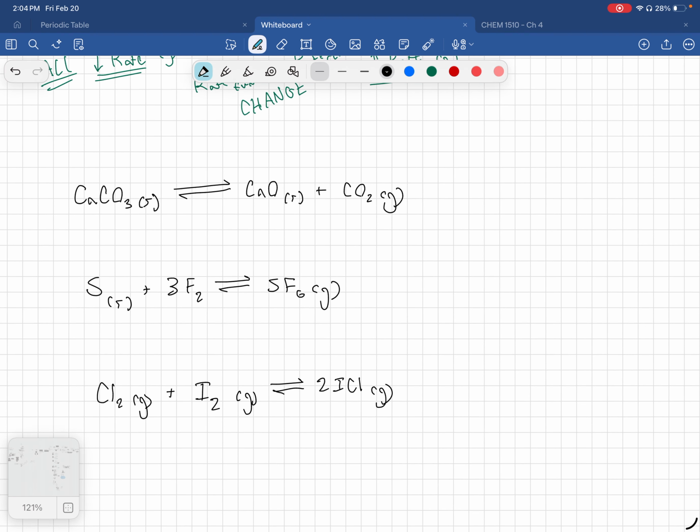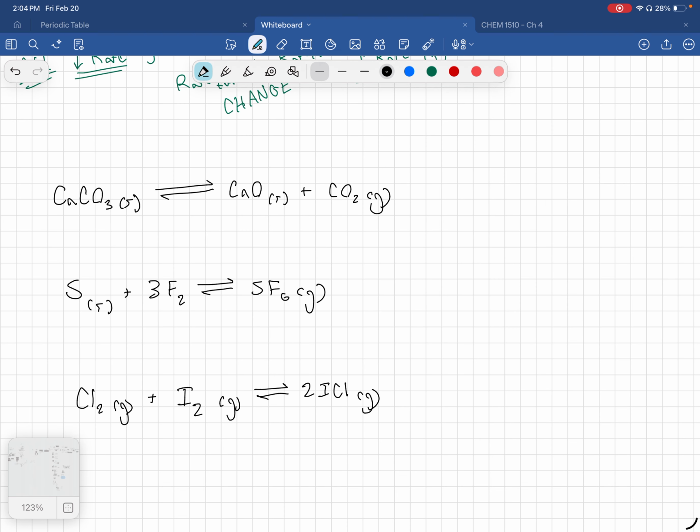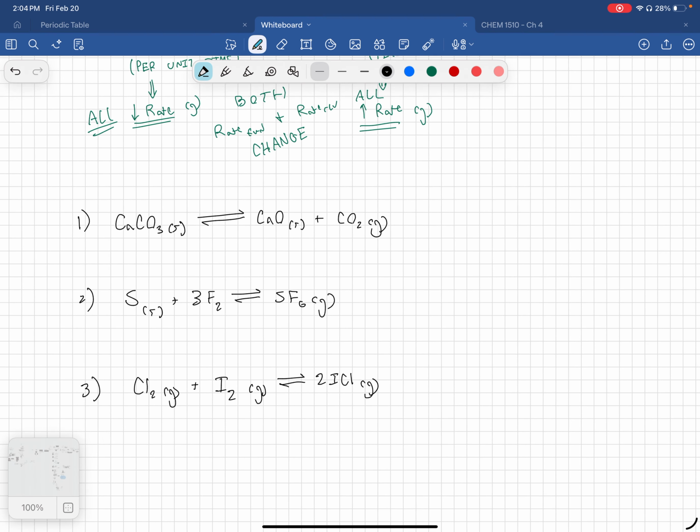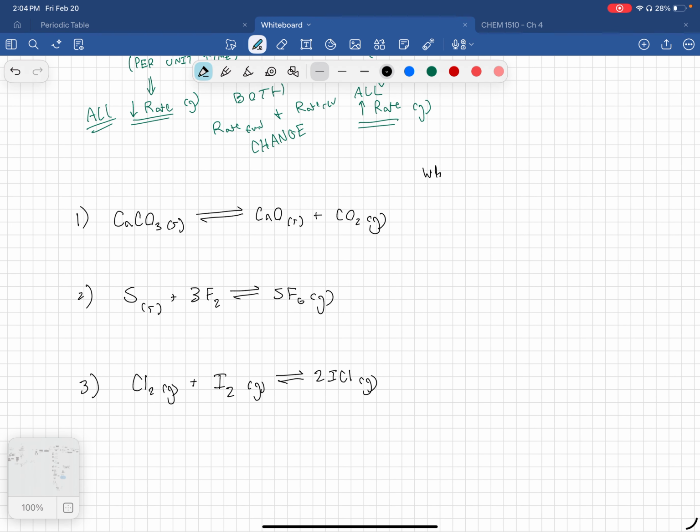So let's look at the first scenario. For each of these, they're all in some flask. And for all three separate examples, we are going to do the following. If we increase the volume of the flask, what will happen?